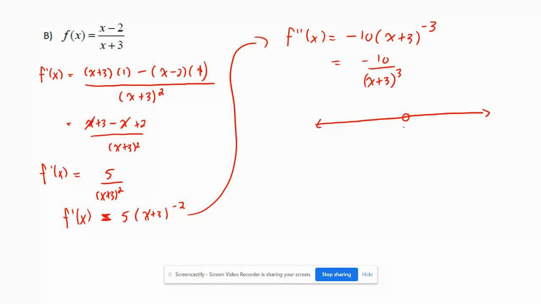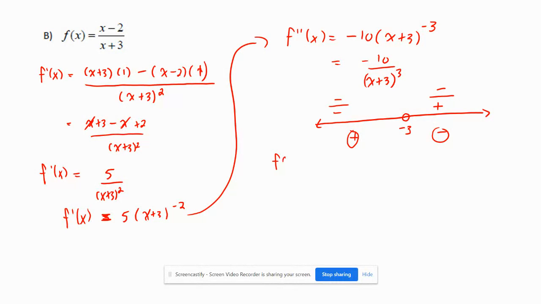So we're going to look at this on our number line. If I take a number less than negative 3, I have negative 10 over something negative cubed, or negative over negative. That means we're positive in this part. And for a number greater than negative 3, say 0, I have a negative number over a positive number, and that means I'm negative in this region.